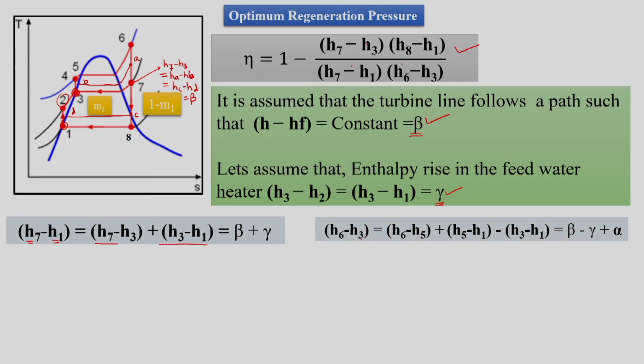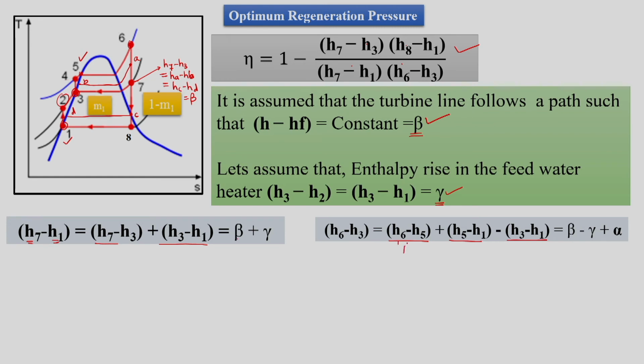Similarly, H6 minus H3 can be decomposed into H6 minus H5 plus H5 minus H1, minus H3 minus H1. H5 is a saturation point.